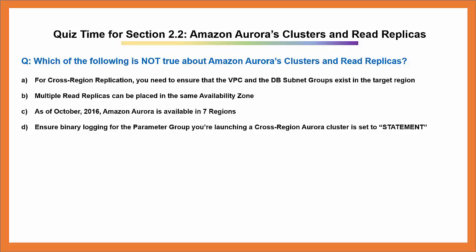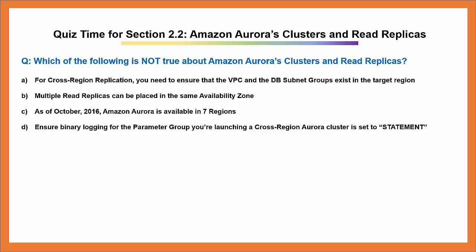Quiz time for Section 2.2, Amazon Aurora's Clusters and Read Replicas. Question: which of the following is not true about Amazon Aurora's Clusters and Read Replicas? A. For cross-region replication, you need to ensure that the VPC and the database subnet groups exist in the target region.